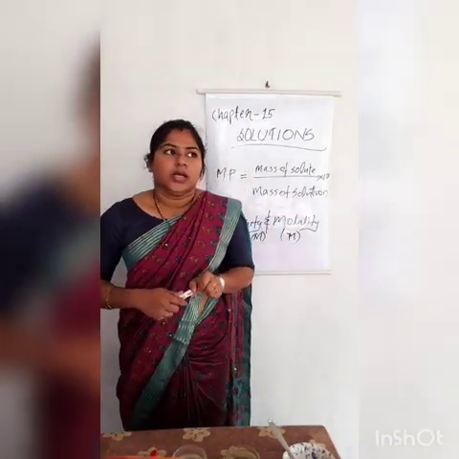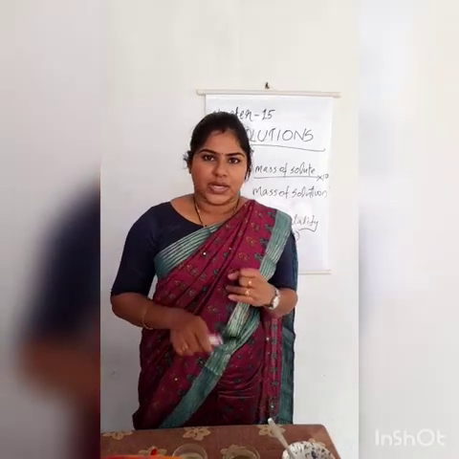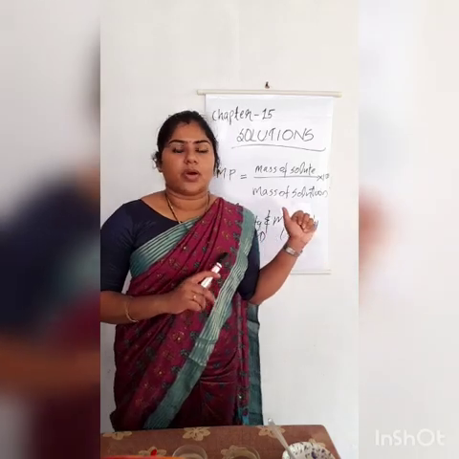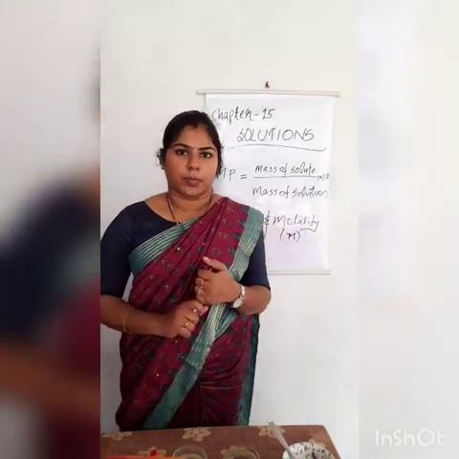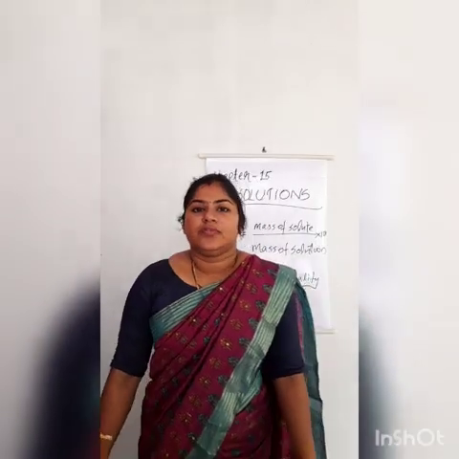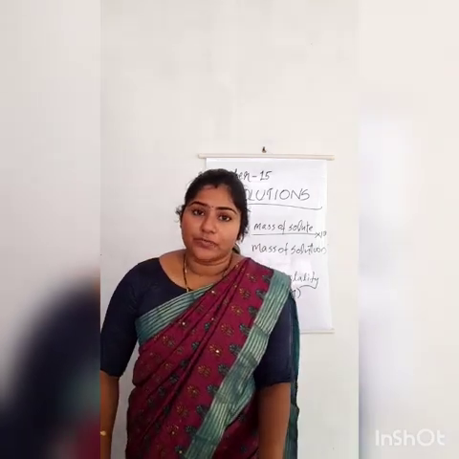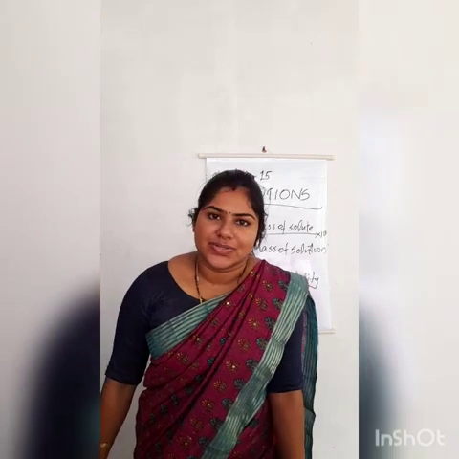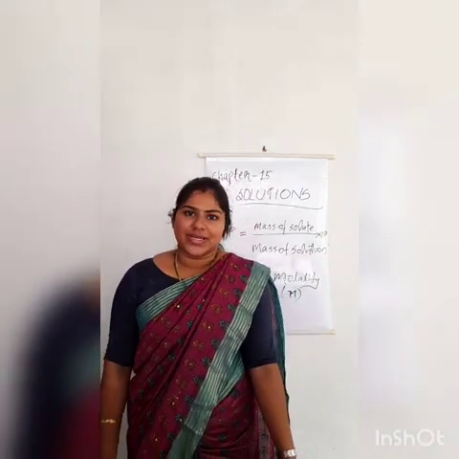So we learned about the saturated solution, the unsaturated solution, and how to calculate the concentration of the solution. From the last experiment with salt and sugar, we learned about saturated and unsaturated solutions.